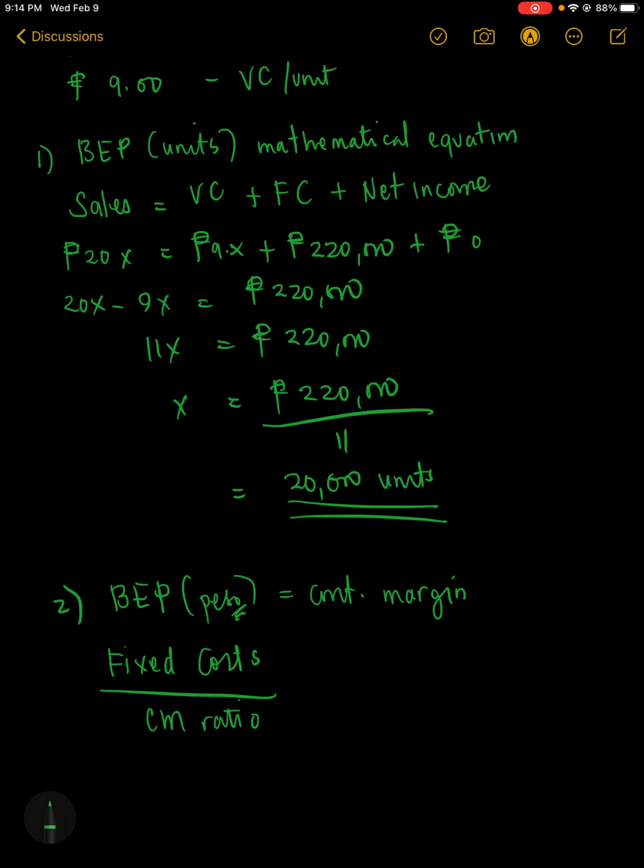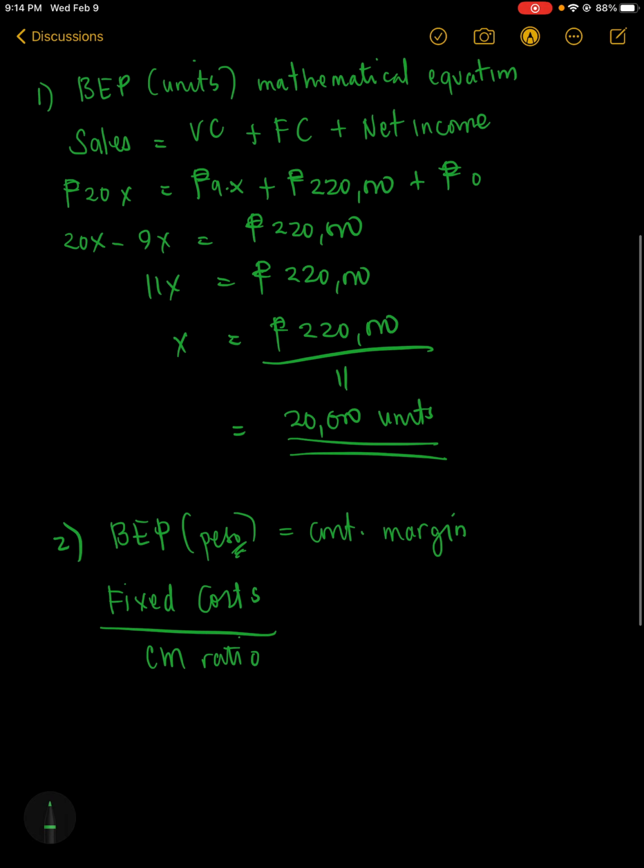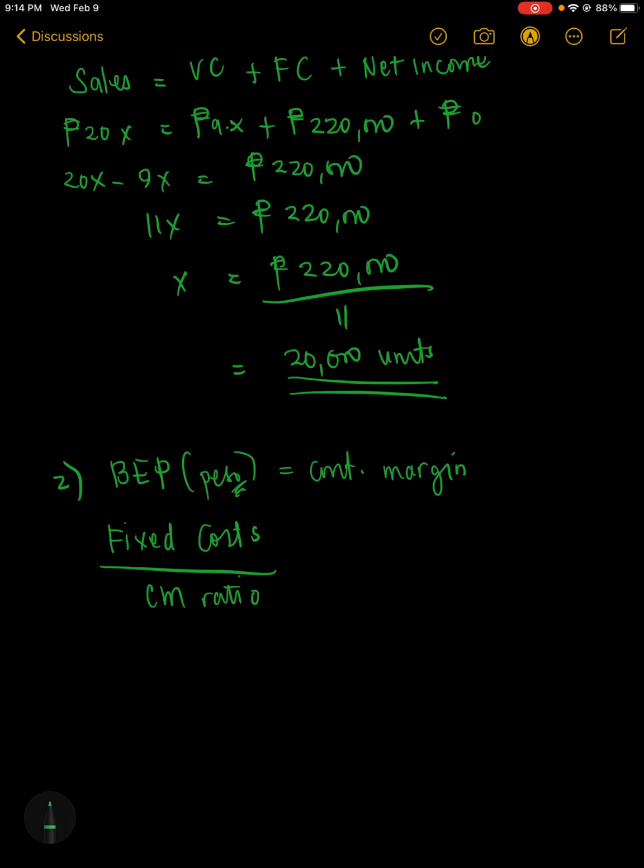Okay? So, we have identified our fixed cost of 220,000, but let's first compute our CM ratio. So, how do we compute our CM ratio? Let's find out how much the contribution margin is. So, how do we get the contribution margin?